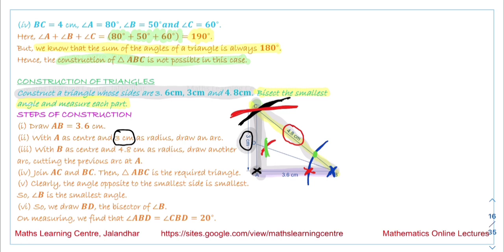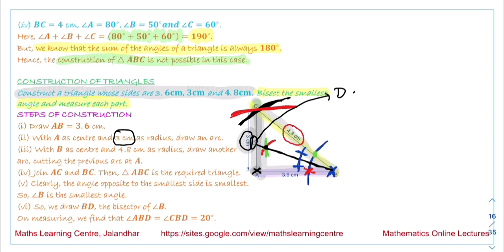The point where these 2 arcs intersect, we join B and this point, and we are saying this point is D over here. We have drawn this line DB, which is the angle bisector of ABC. This is the complete angle over here, and this is the angle bisector. BD is the angle bisector of ABC.